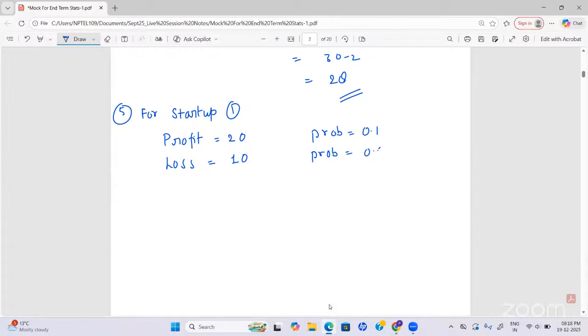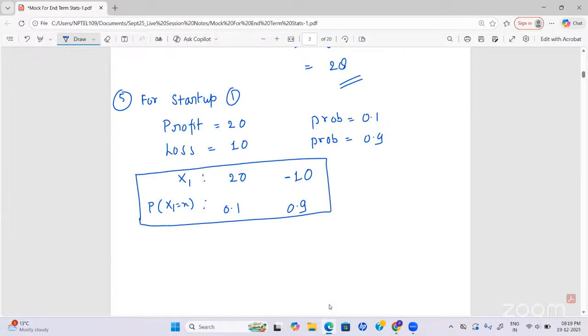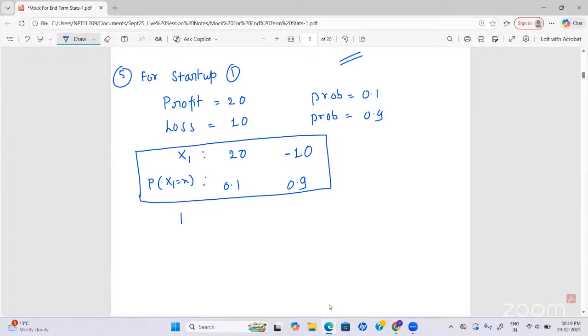If you want to represent it as x1, it takes values 20 and minus 10, because it is a loss, with probabilities 0.1 and 0.9. This is the distribution of the random variable x1, and now you have to find the expectation of x1.